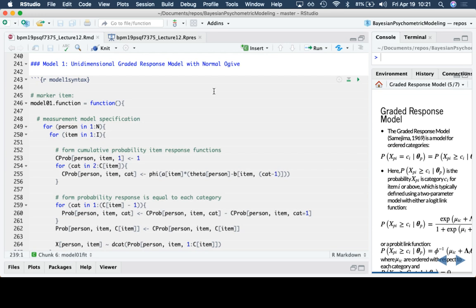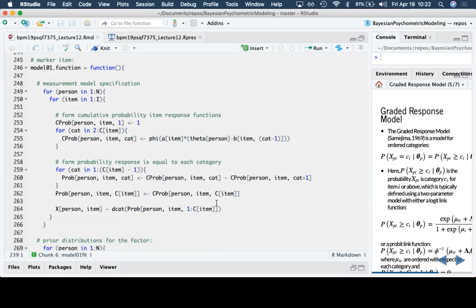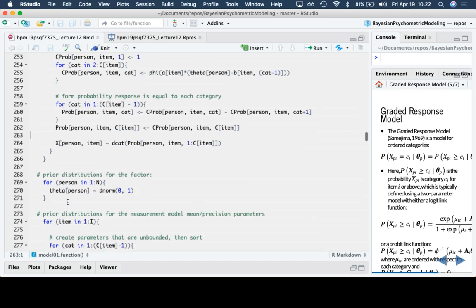Okay, so here's the unidimensional graded response model with a normal ogive. We're going to start in the middle of this syntax right here. For the person and item, our data is X still, but we're going to say this follows dcat, that distribution I just showed you before, and we have to give it a probability. I'm giving it a 3-dimensional array.